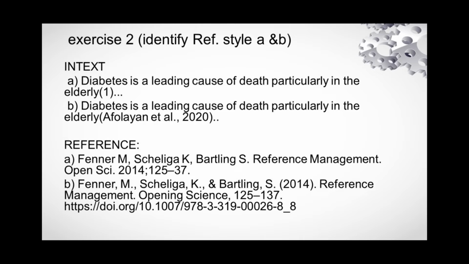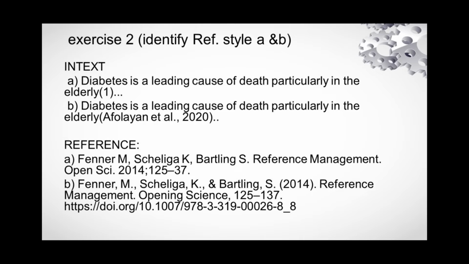Now the references. We have this reference, and then the second part, we have another reference. The first reference, A, is Vancouver. The in-text citation for Vancouver is usually a numeral such as 1, 2, and so on.